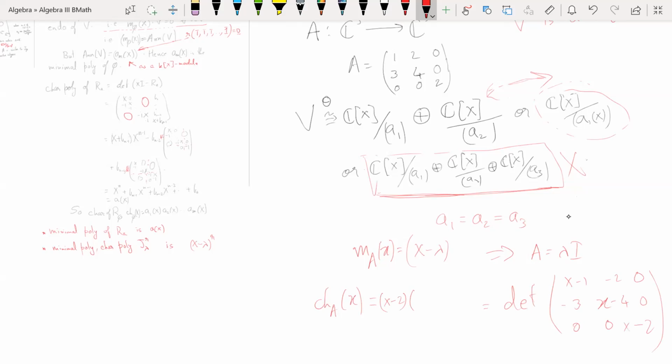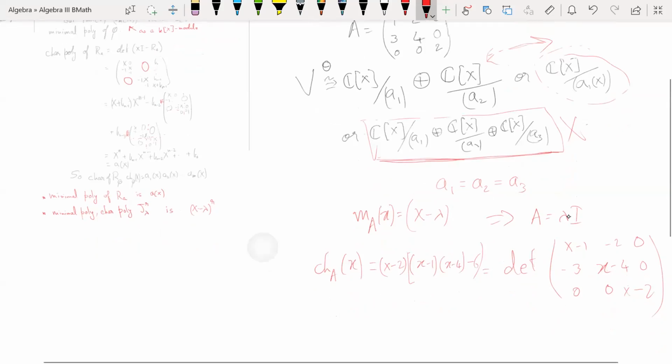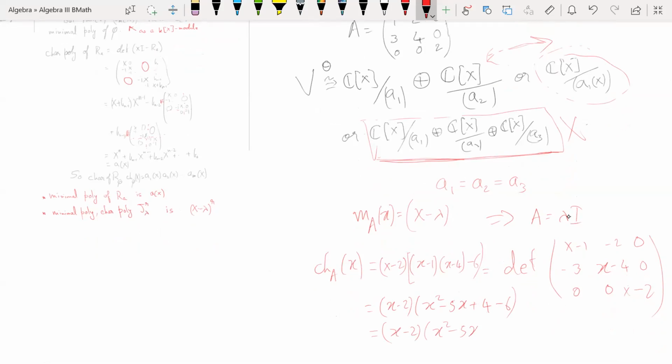I'll not expand it completely, but here we get x minus 1 times x minus 4 minus 6. So x minus 2 times x squared minus 5x plus 4 minus 6, that is x squared minus 5x minus 2.